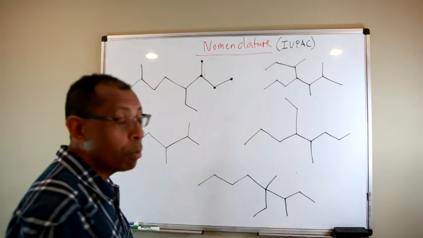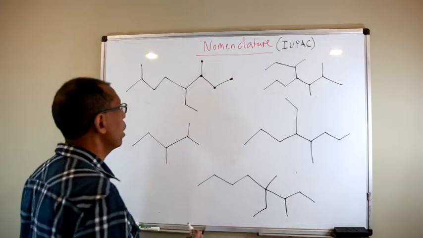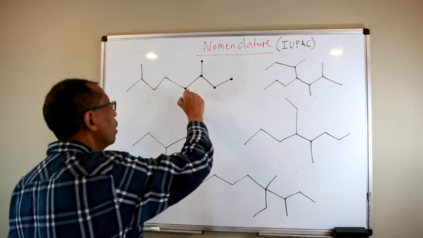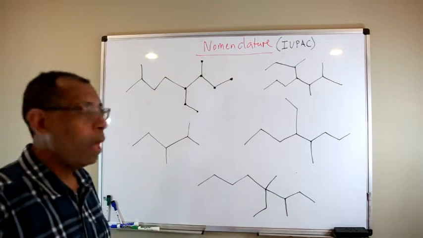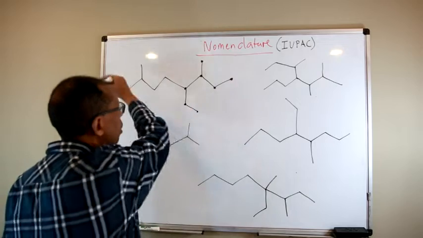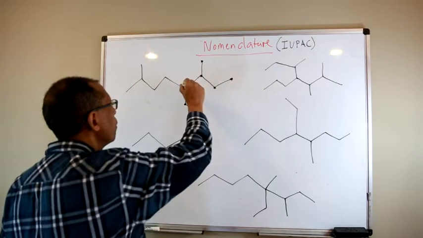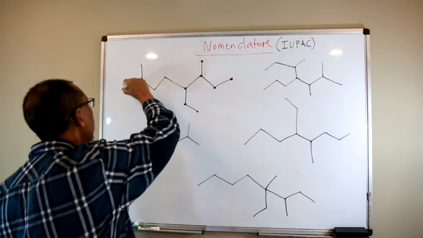So we have to make sure what is the longest chain we can have. 1, 2, 3, 4, 5, 6, if you just go this way. And if you just go straight all throughout that, 1, 2, 3, 4, 5, 6, 7, 8.